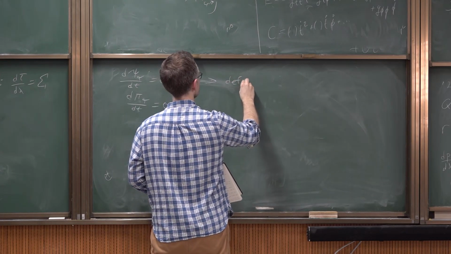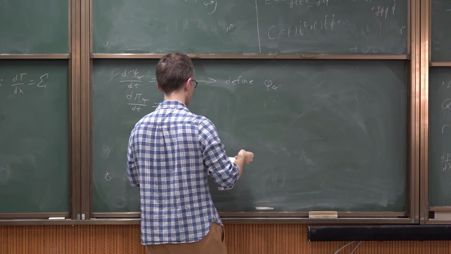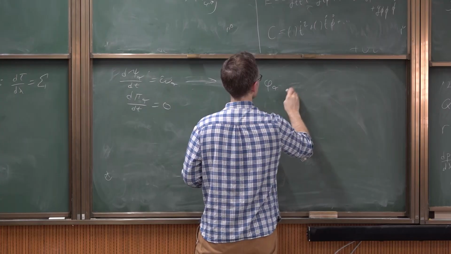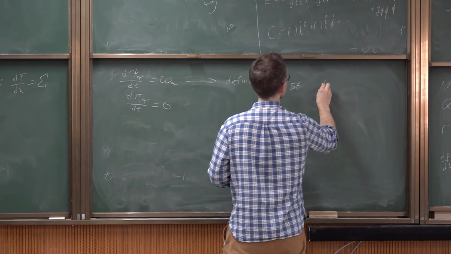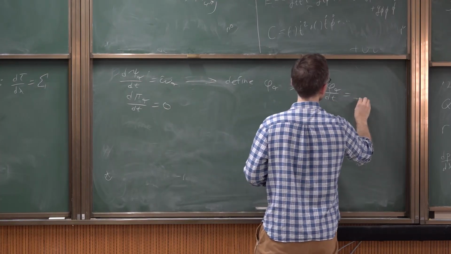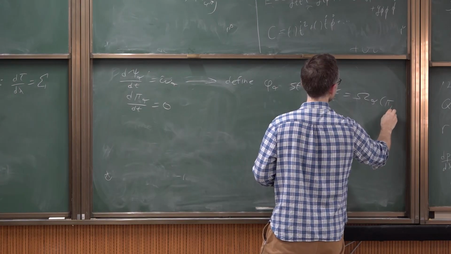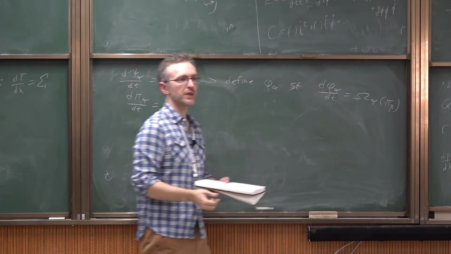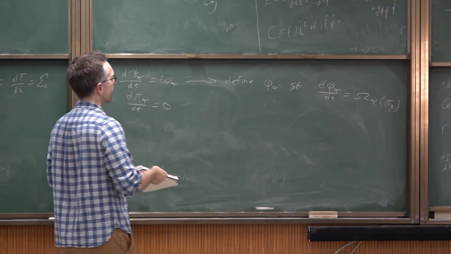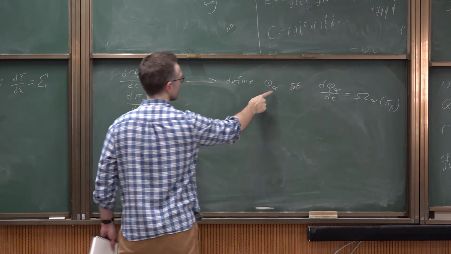So let's define curly phi_α to satisfy dΦ_α/dt equal to those constant frequencies, which are just functions of the p, e, and inclination, maximum inclination angle. So I want to find a transformation that brings me from ψ to curly Φ.